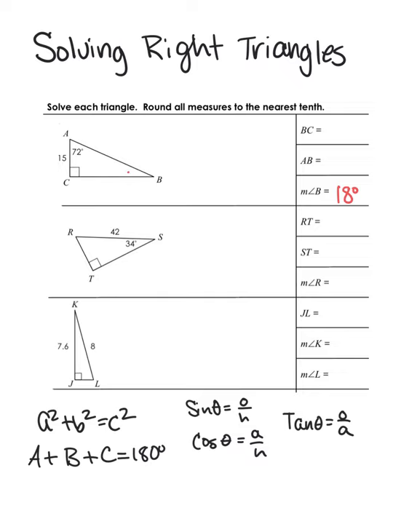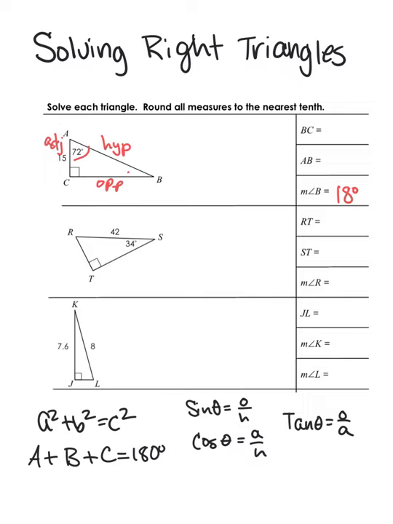So I want to find my other two sides. I'm going to label my triangle with opposite, adjacent, and hypotenuse. So this side is opposite, 15 is adjacent, and AB is my hypotenuse. I get to decide whether I want to find my opposite first or my hypotenuse first.